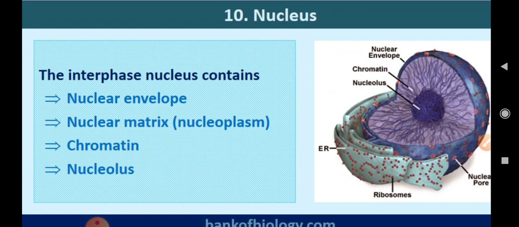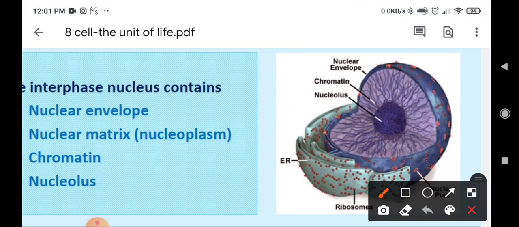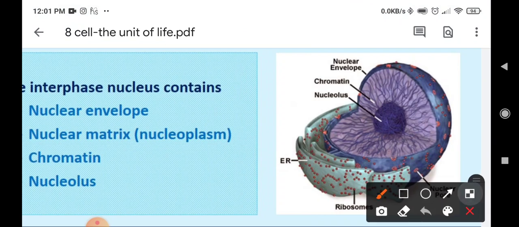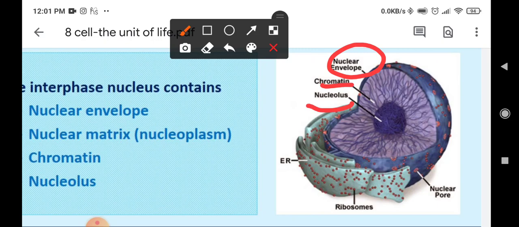It contains thread-like structures which are known as chromatin, and it has a dense structure which is known as the nucleolus. A beautiful diagram is shown here. You can see that the outer cover is known as the nuclear envelope, the thread-like structures are known as chromatin, the dense structure is known as the nucleolus, and it is filled with nucleoplasm.